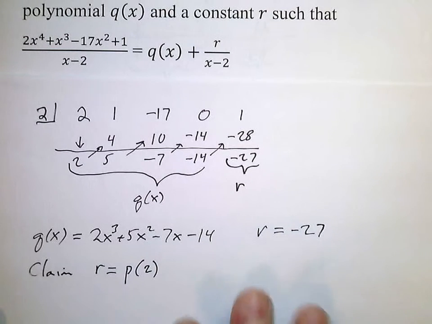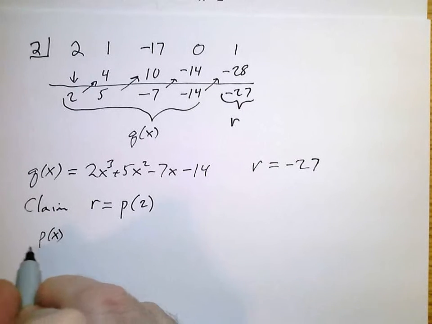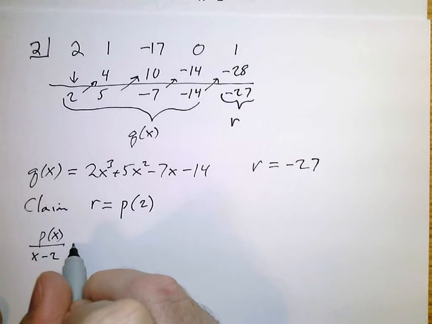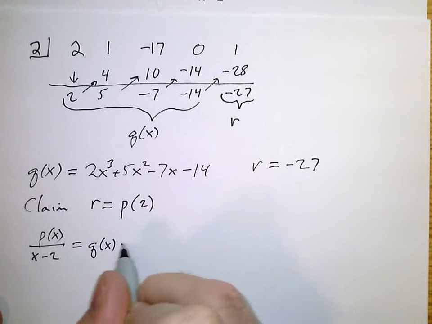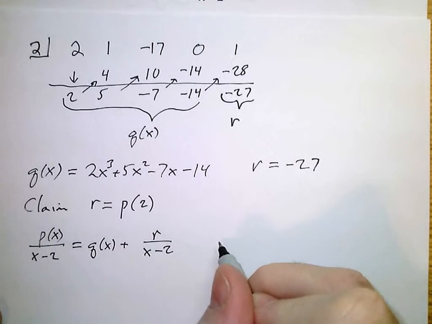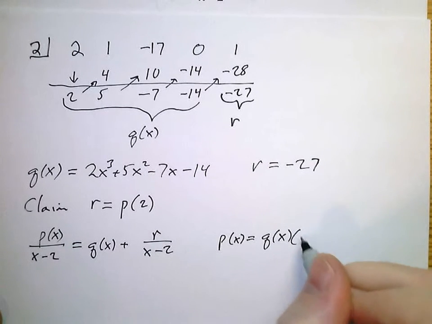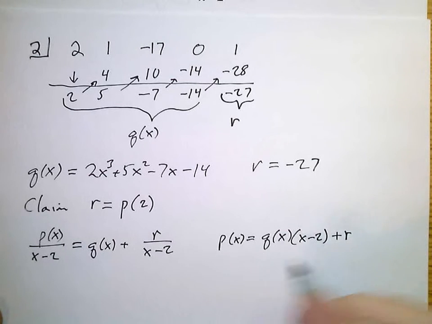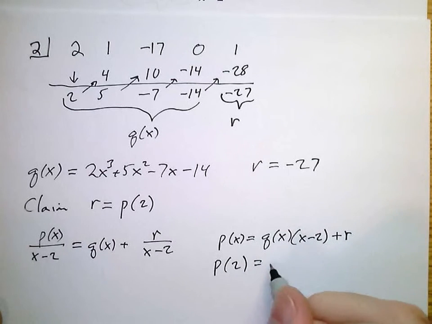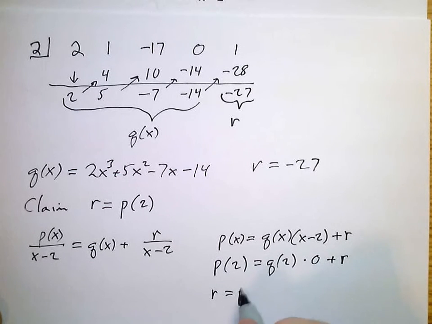And that's actually fairly straightforward, because if I have p of x over x minus 2 is q of x plus r over x minus 2, and I multiply through by x minus 2, I get p of x is q of x times x minus 2 plus r. So p of 2 is q of 2 times 0 plus r. But q times 0 is 0, plus r is r. So I get r equals p of 2, which you can verify directly.